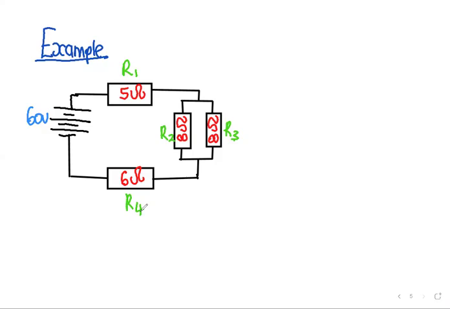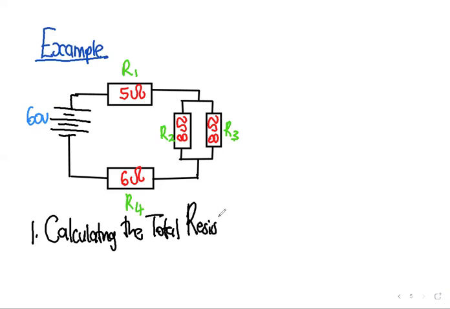Now here we're gonna calculate. I'm just trying to bring questions that are gonna help you to simplify this. So let's calculate the total resistance. As we're calculating the total resistance, we're gonna first calculate the parallel combination of the circuit, right?